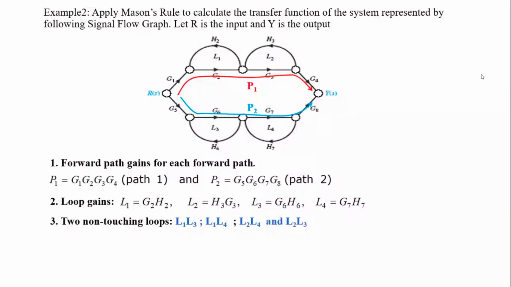To the forward path P1, these L3 and L4 are not touching. So in the equation for delta 1, among the loops of delta, you have to retain L3 and L4. Similarly, for delta 2, you have to retain L1 and L2 and eliminate L3 and L4.